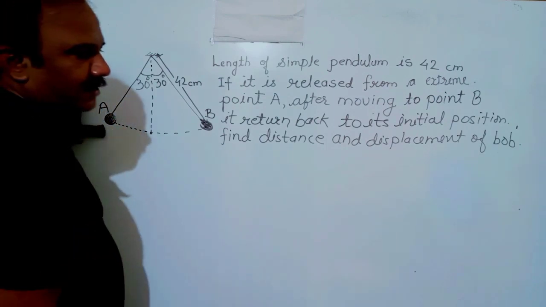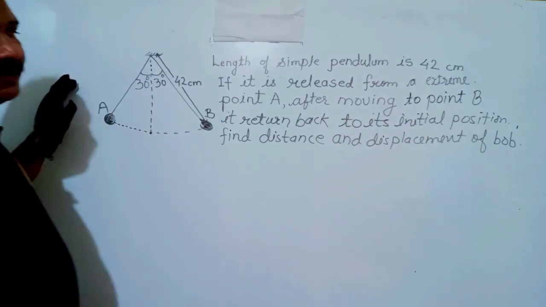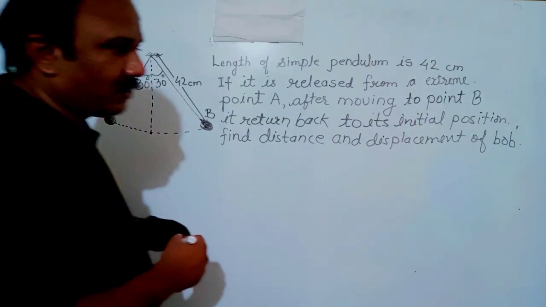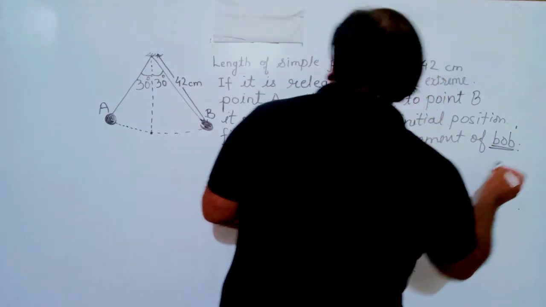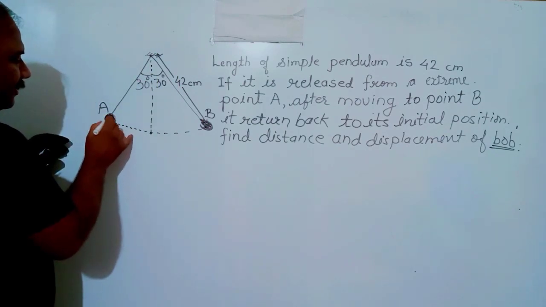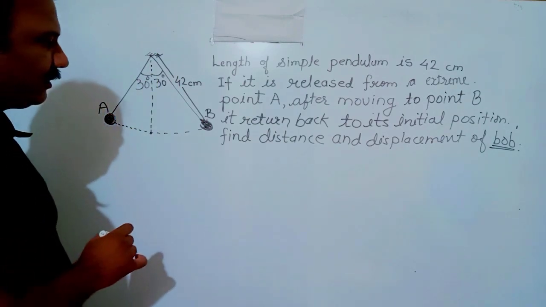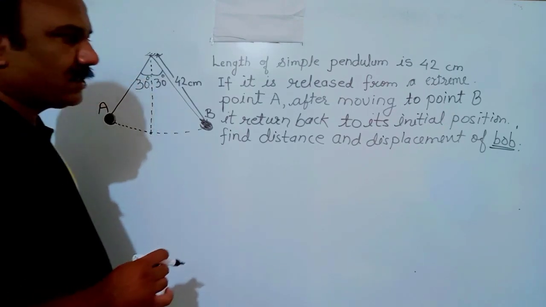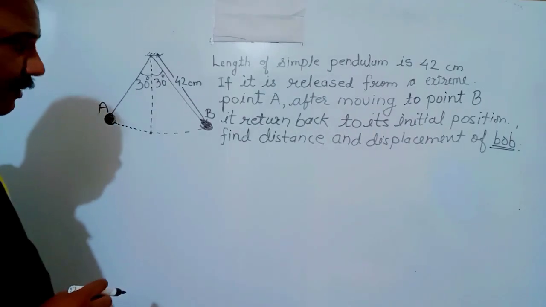So find distance and displacement of the bob. Now what is this bob? So this is the simple pendulum and this is the bob. Now what is distance and displacement of the bob?